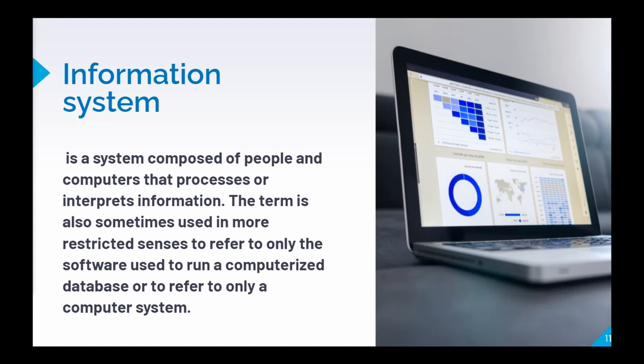So an information system is any organized system for the collection, organization, storage, and communication of information. Okay, so entire sectors of the economy are nearly inconceivable without substantial investments in information systems.